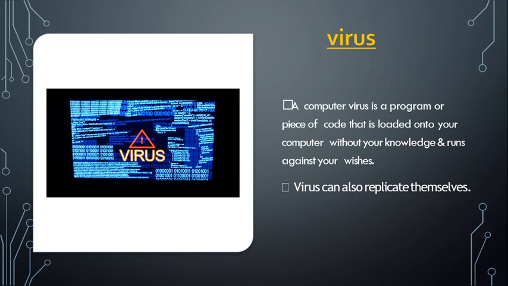A virus is a program or a piece of code that is loaded onto your computer without your knowledge and runs against your wishes. When your computer is affected by a virus, it is affected unknowingly, from any source, and from a network it can affect your computer directly. It will do things you are not requesting and will damage the data.